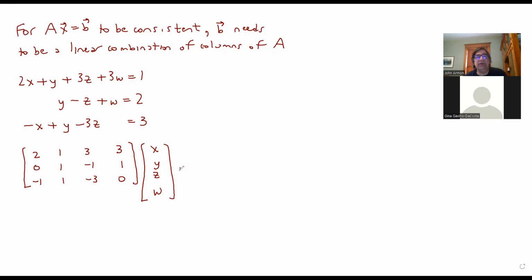And then your column matrix for the solution. So 1, 2, 3. So there's your 3 by 4. Here's your 4 by 1. Here's your 3 by 1. So that's how we write it as a matrix system. So this is matrix A. There's column vector X and column vector B.